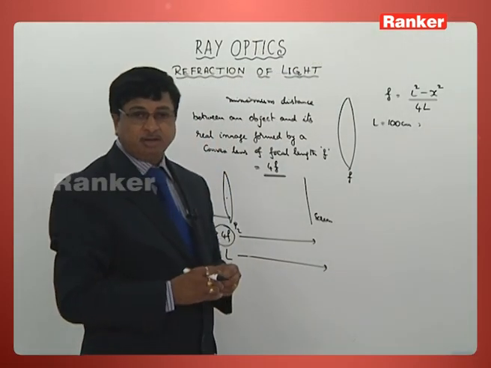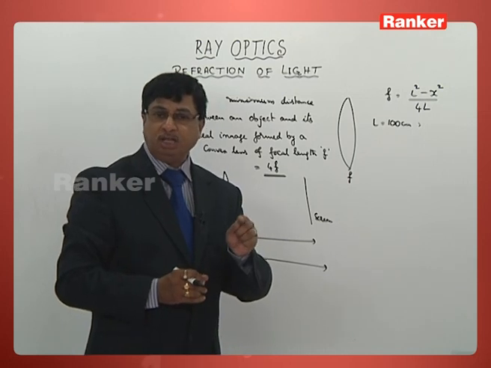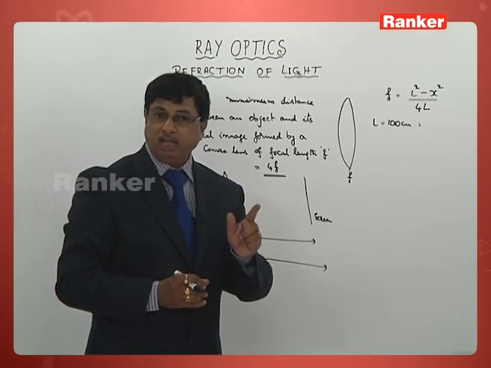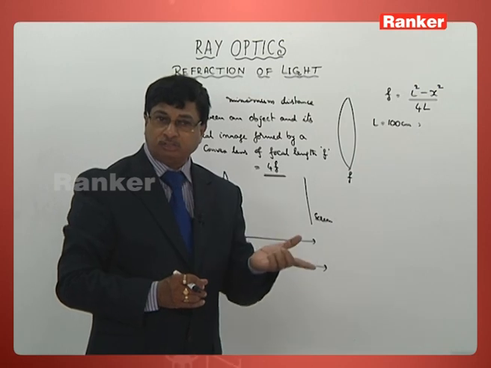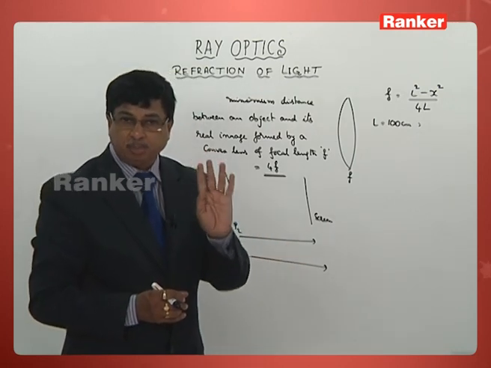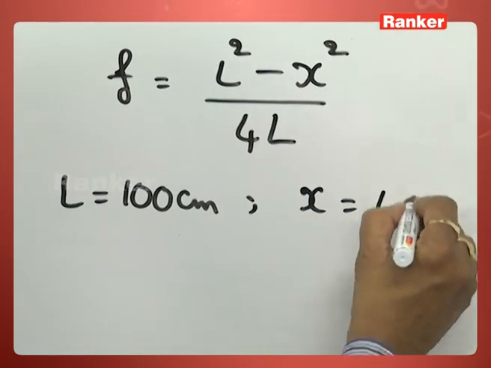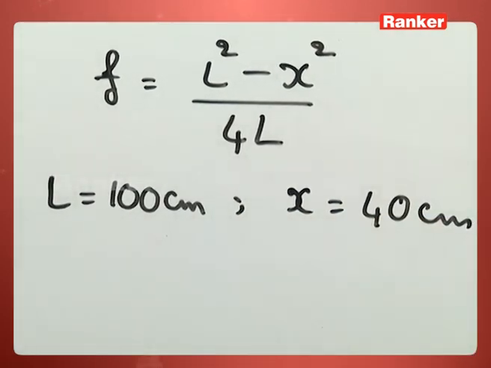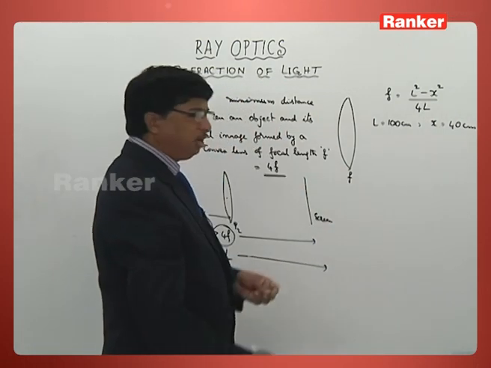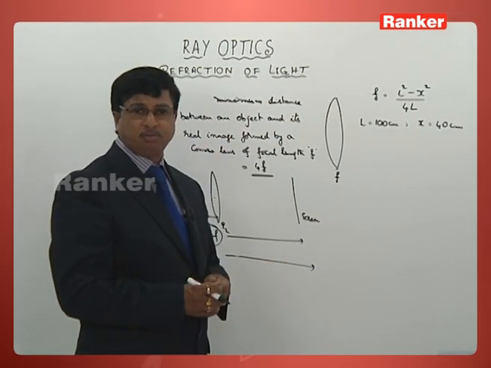What else he has given? A lens produces an image on the screen when placed at either of the two positions 40 centimeter apart. That is, according to this, x is given as 40 centimeter. Estimate focal length and thereby focal power.